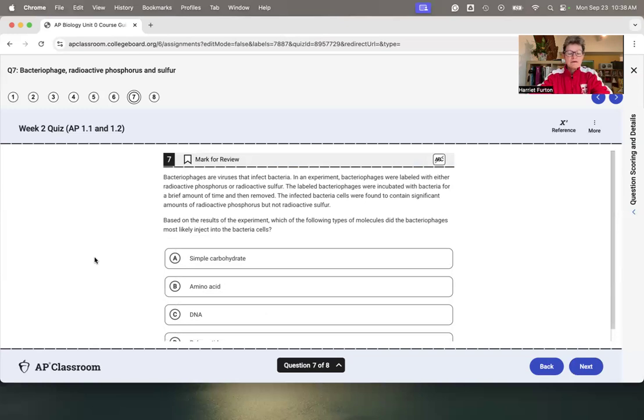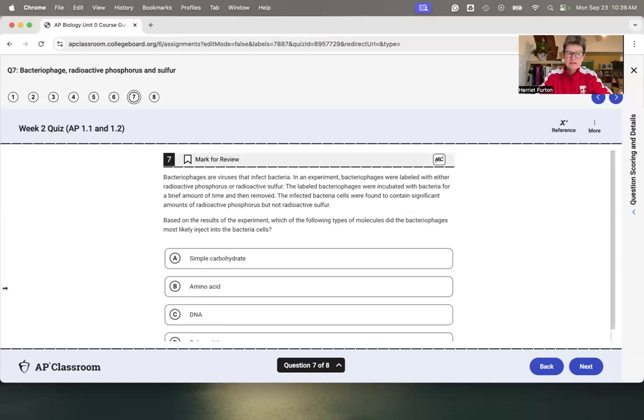In an experiment, they put labeled phosphorus and sulfur in the bacteriophage, and the bacteriophage were incubated with bacteria, to see what part of the material is going to be added to the bacteria by the bacteriophage, whether the DNA that contains radioactive phosphorus or the amino acid that contains radioactive sulfur.